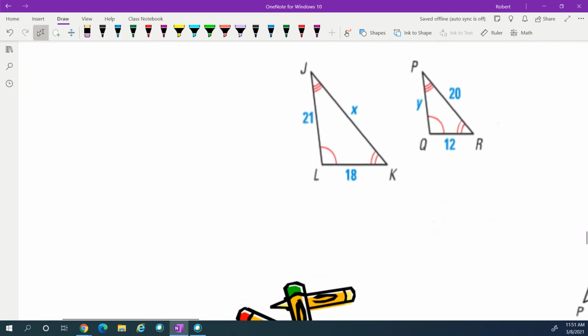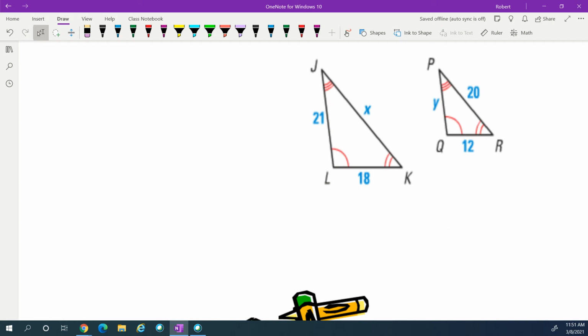Let's look at an example here. We're asked to solve for x and y. So I'm not going to do them both at the same time. I'm going to find the parts that I'm going to use. So x corresponds to the 20. Now, if I'm not going to use the y, then I'm not going to use the 21 either. I have to work with corresponding parts.